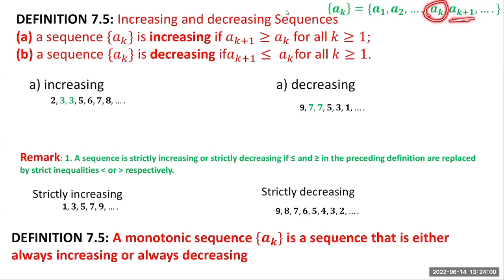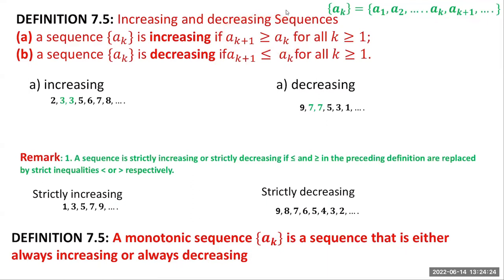Okay, the previous term to a_(k+1) is a_k. Always any term is bigger than or equal to the previous term. If that is the case for any 2 consecutive terms, we say that it's an increasing sequence. Increasing means they are going up, the value is going up. Okay, so this is the condition for a sequence to be an increasing sequence.